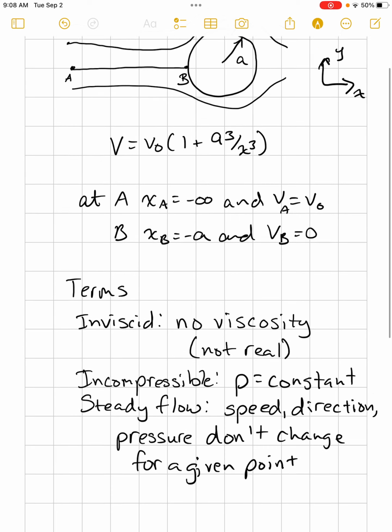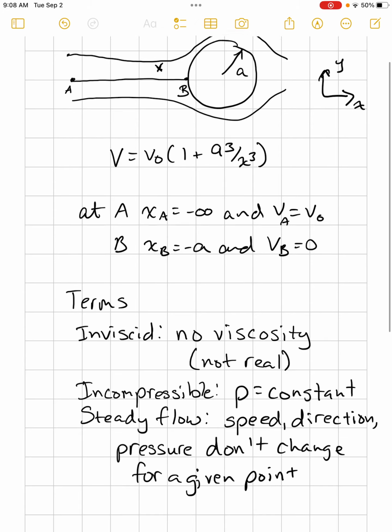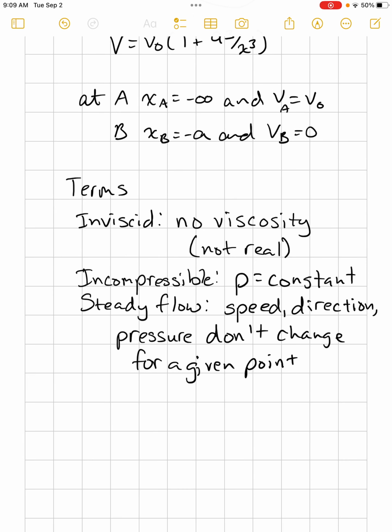Okay, what this means is that I can pick any point in this flow. For instance, if I look right here, that point, the speed, direction, and pressure aren't going to change. Now, it may be different than the surrounding points or any other point I pick, but over time, those properties don't change for that point, okay?